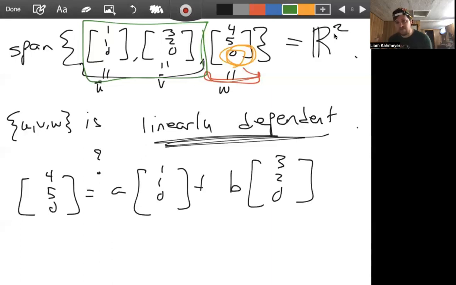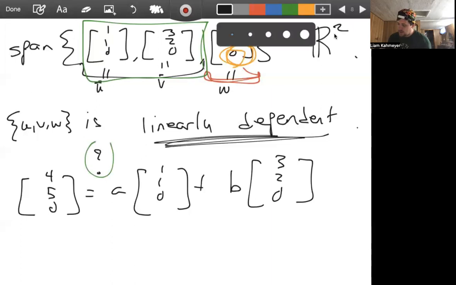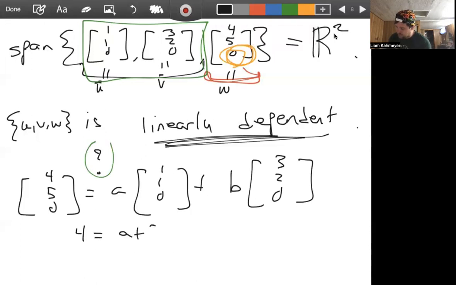And so to see if it's in the span of the first two vectors, you have to ask yourself this question. What you would have to do to answer this question is go, okay, 4 equals A plus 3B, 5 equals A plus 2B. And then you would set up your augmented matrix.